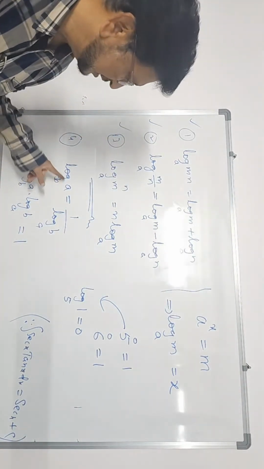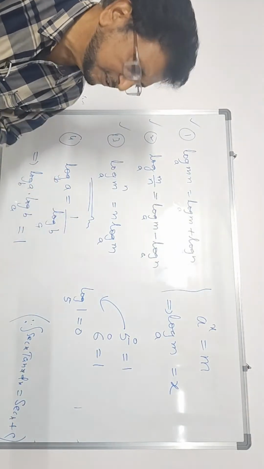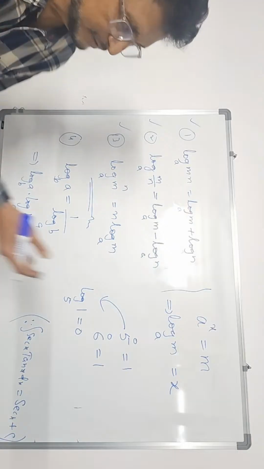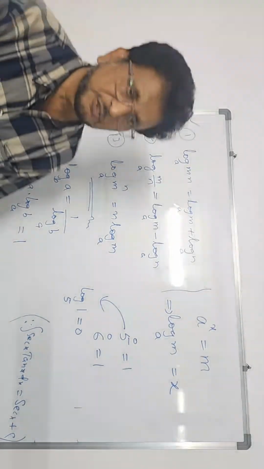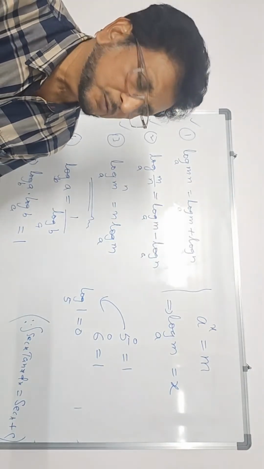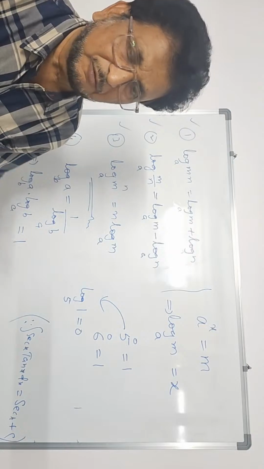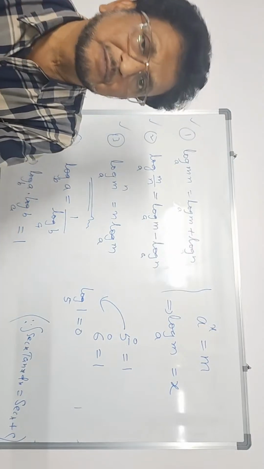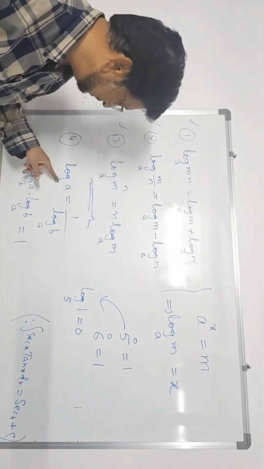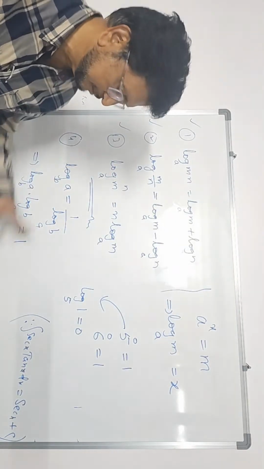Means these are the inverse of each other. If you multiply two inverse numbers, result will be always 1. We have studied in the previous question, sin x is the inverse of cosec x, means sin x into cosec x is equal to 1. Cos x is the inverse of sec x, therefore cos x into sec x is equal to 1. Same way, log a base b is the inverse of log b base a. Means if you multiply these two, you will get 1.